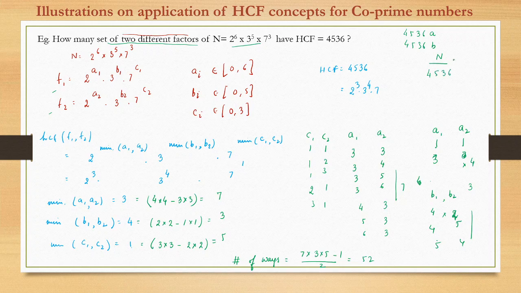So the number of ways in which this number can be written as a set of factors where A into B is a product of two co-prime factors, will be same as 52. So this is another way to approach such questions.